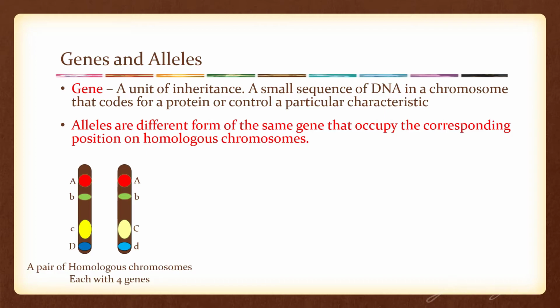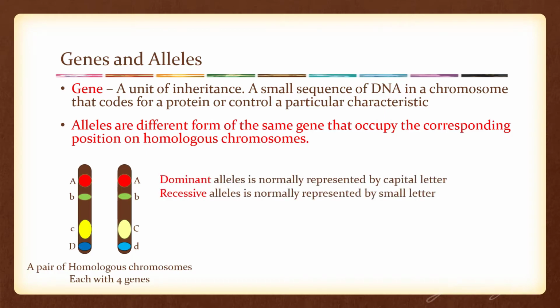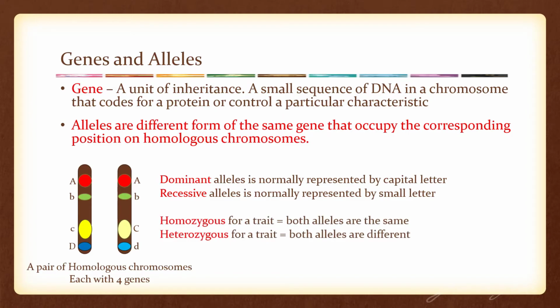Anyhow, alleles with capital letters are known as dominant alleles, while the small letters are known as recessive alleles. So alleles actually have two different forms, the dominant form and the recessive form. And we use two words to describe the different combinations: homozygous and heterozygous. Homozygous means that both alleles are the same, while heterozygous means that both alleles are different.